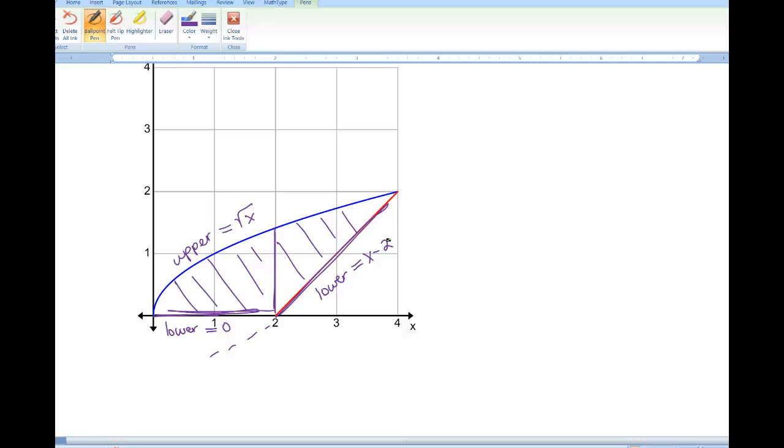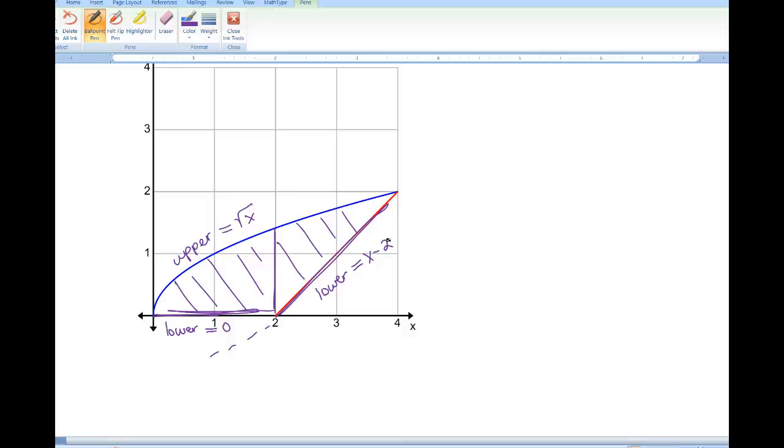How can I explain this? It's complicated because it technically is bounded here by the x-axis, but then once it gets to 2, it's now going to be bounded by this line.